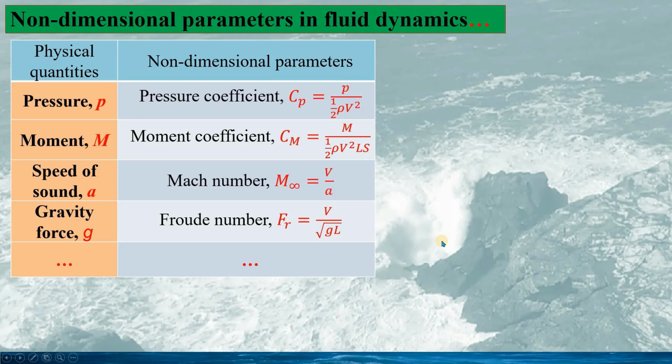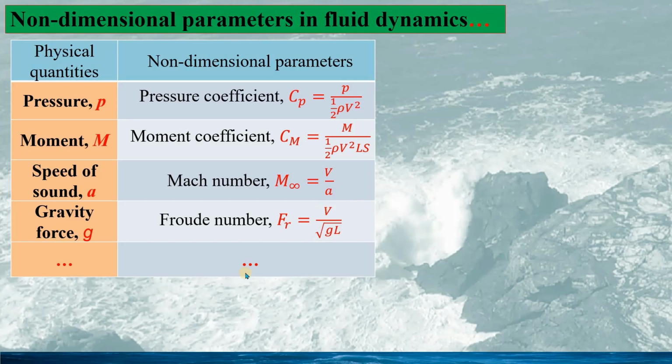And here, more non-dimensional parameters are given. For the pressure, we have the pressure coefficient Cp given as this. And the moment coefficient Cm is given as this. And for the speed of sound, A, we have the Mach number M infinity defined as the incoming flow velocity divided by the speed of sound.